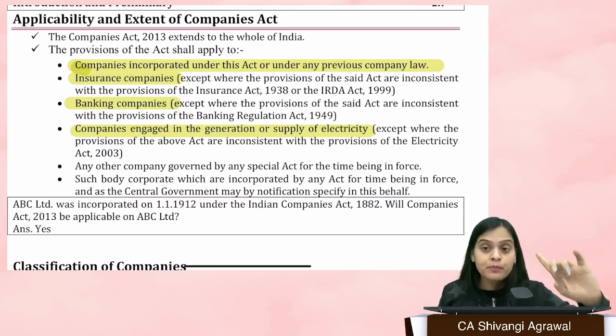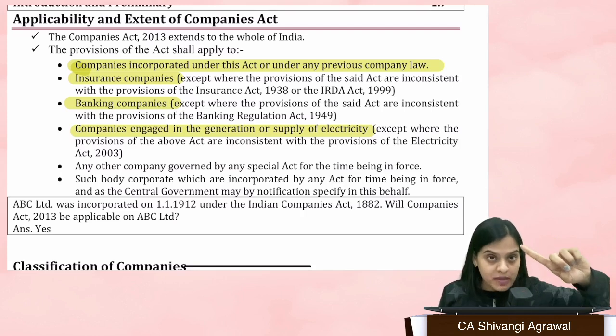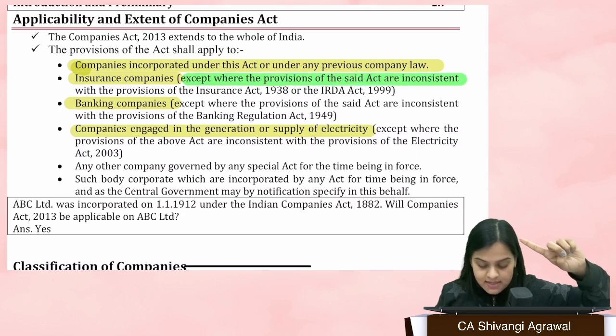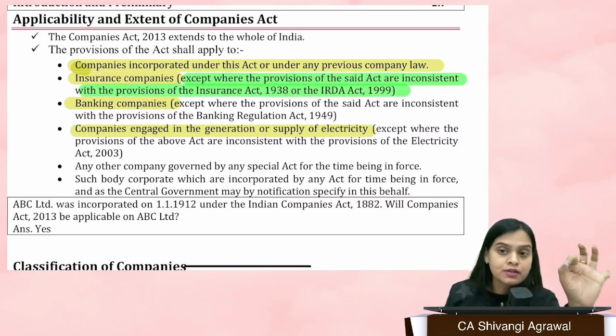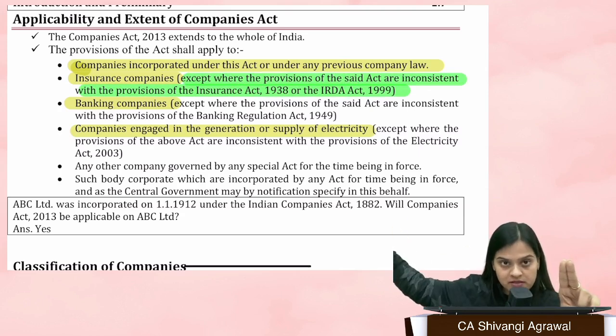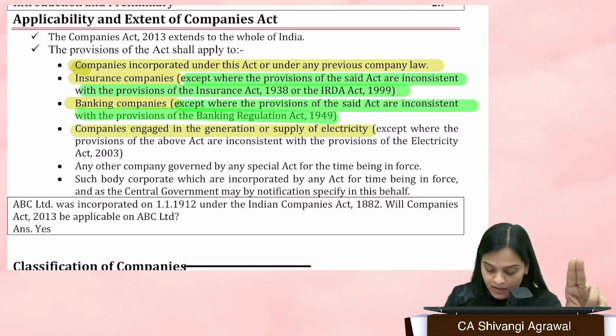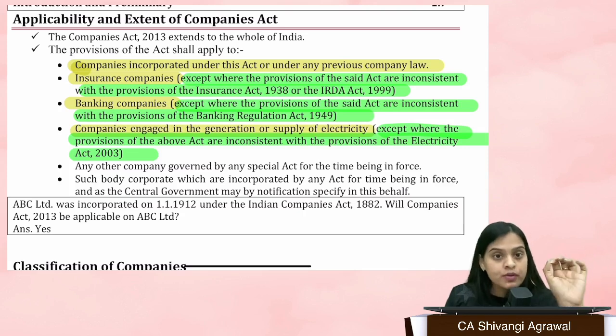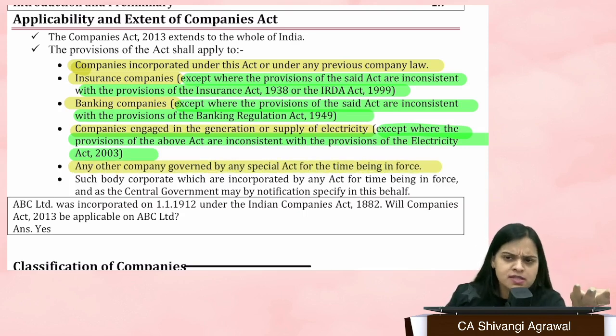So for insurance companies, Companies Act will be applicable except where the provisions are inconsistent with the provisions of Insurance Act or IRDA Act. Wherever there is inconsistency, you'll follow your specific Act. The same goes for banking companies and electricity companies. Now, apart from that, Companies Act will also apply to any other company which is governed by any special Act.